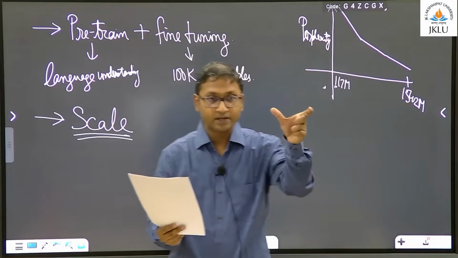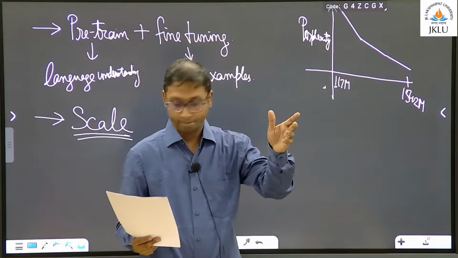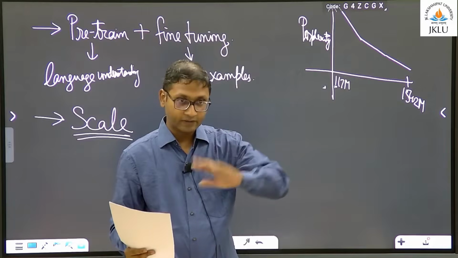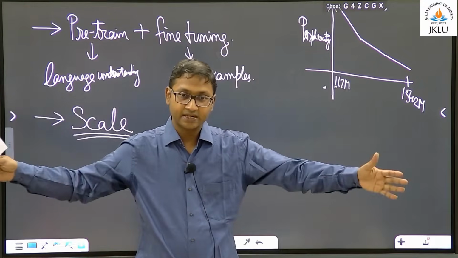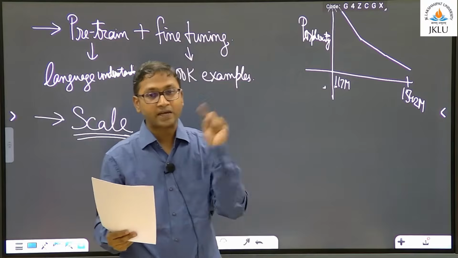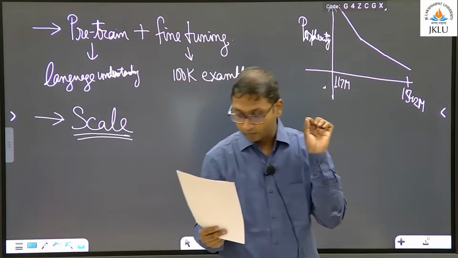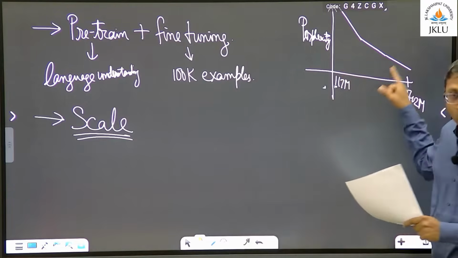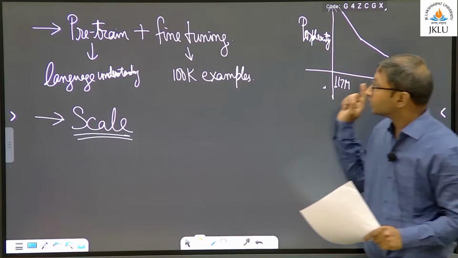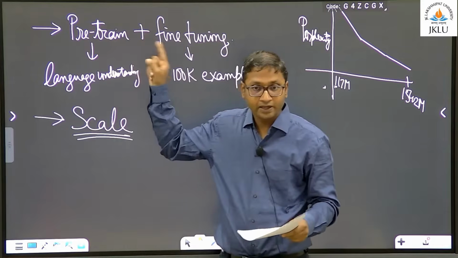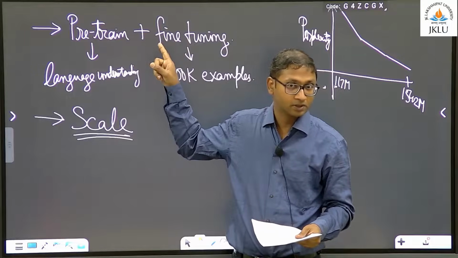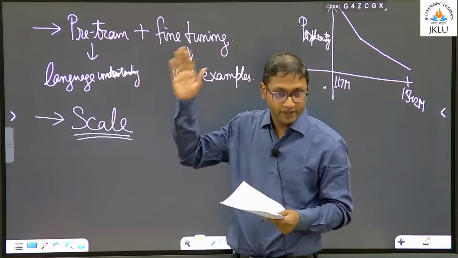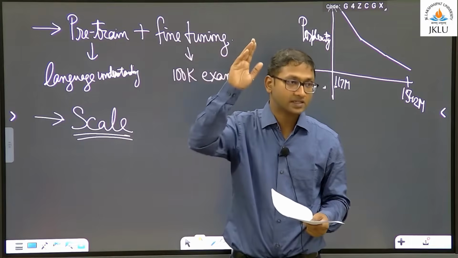So what does task agnostic mean? We show that scaling up language models, meaning bigger size, improves task agnostic, few shot performance. So if you increase the model size, that improves your task agnostic performance. Task agnostic means the model cares less about whether it's a summarization task or a translation task.